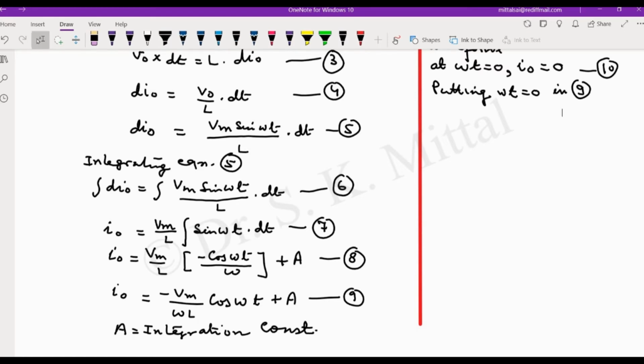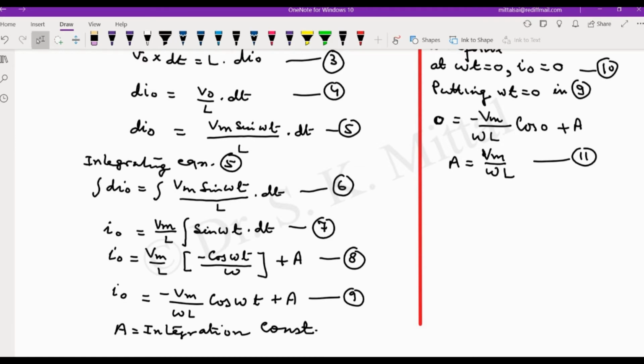Left hand side I0 will be equal to 0 as per equation number 10, is equal to minus Vm upon omega L cos 0, because we are considering omega t is equal to 0 plus a. So therefore, a is equal to Vm upon omega L.